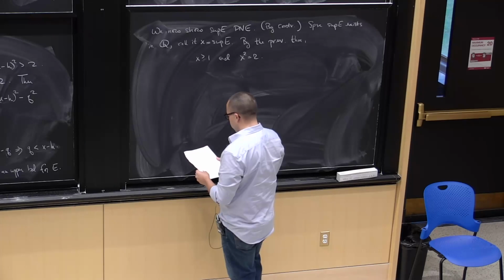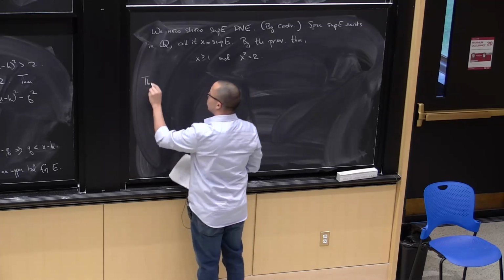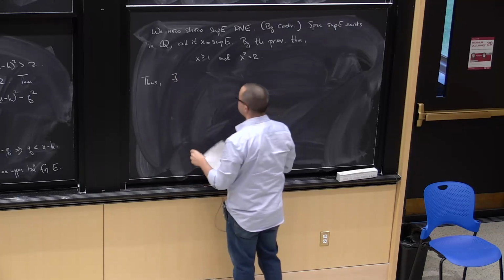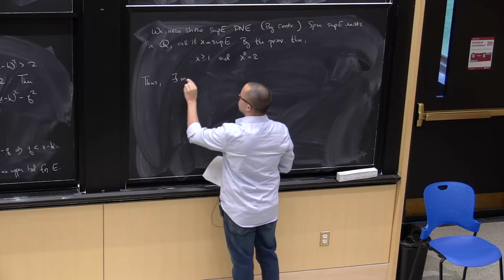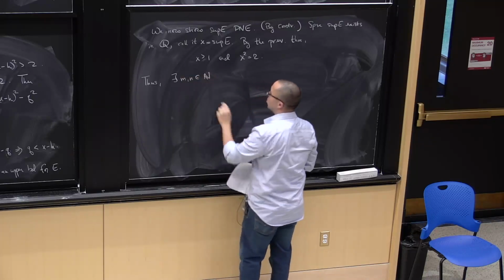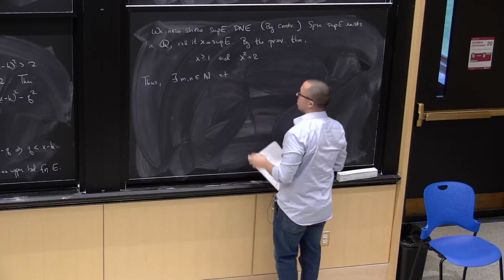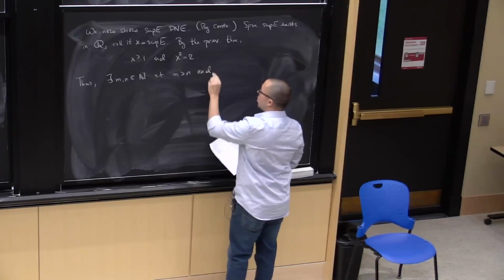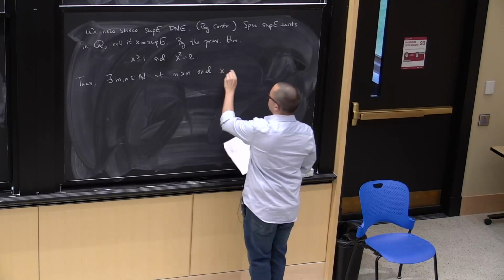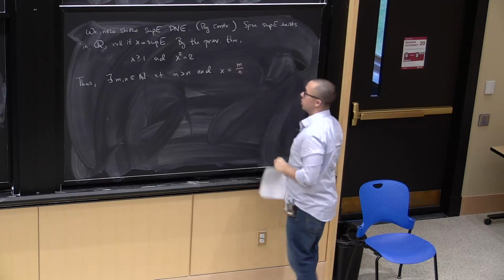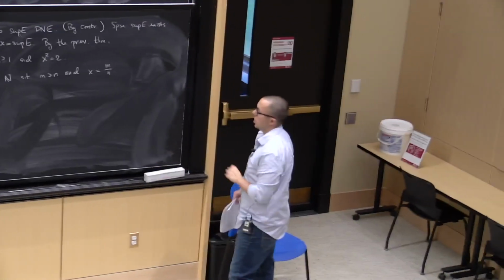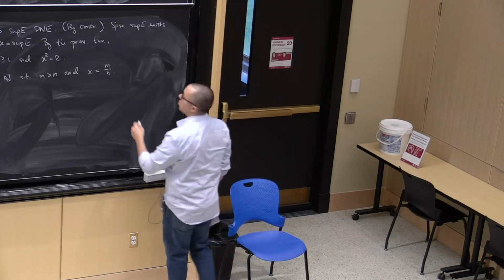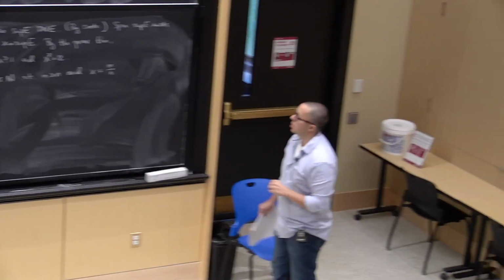Okay, so thus, since X is a rational, there exist M in natural numbers such that M is bigger than N, and X is equal to M over N. Okay, so that's what it means for X to be a rational number and for it to be bigger than 1.